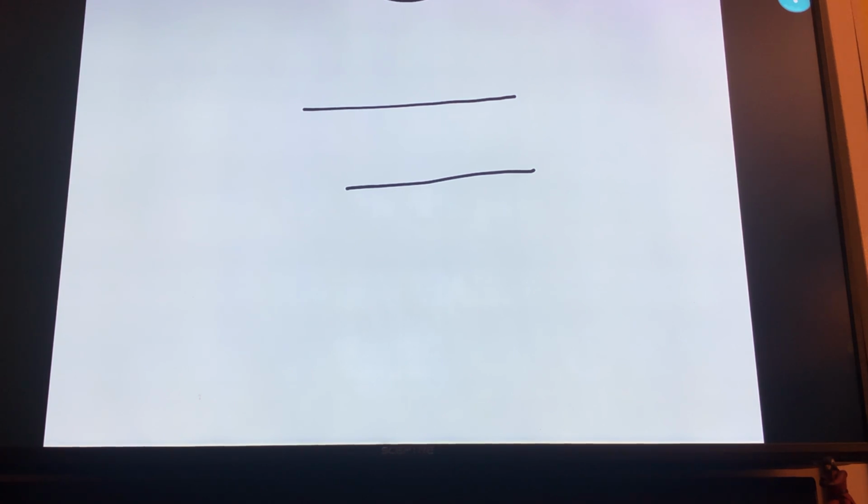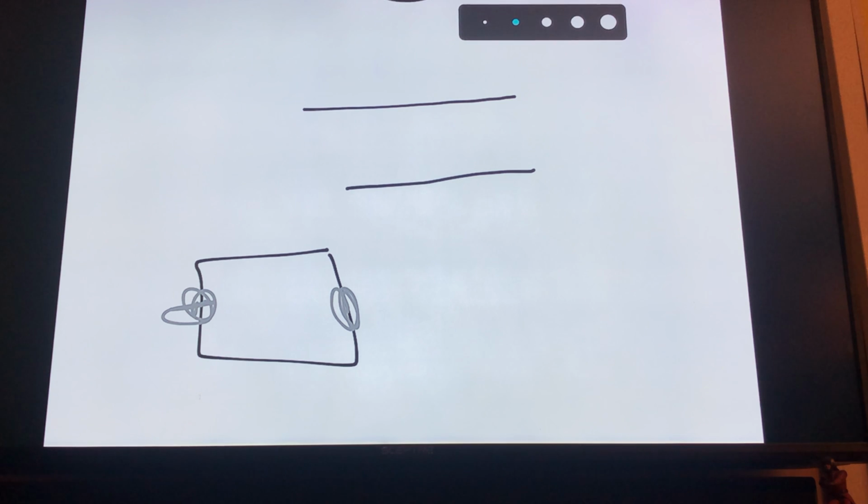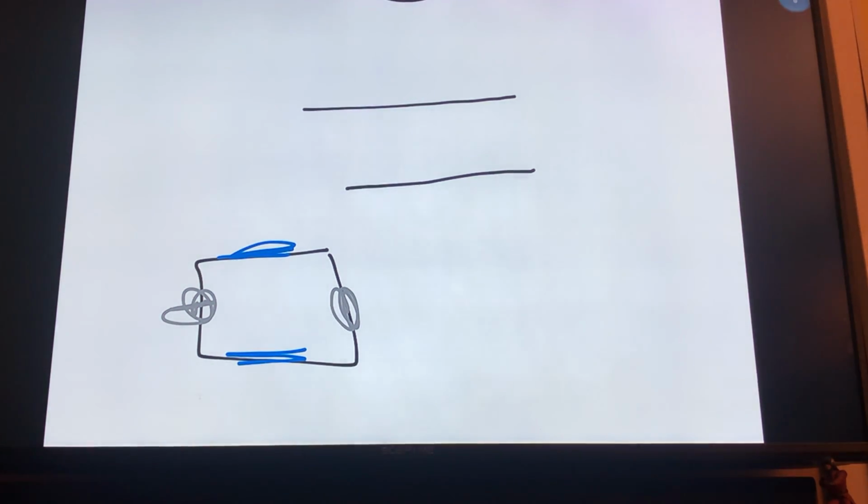So that means would a square be a trapezoid? No, because if you had a square, it has two pairs of parallel lines. These are parallel lines because they're running up and down. And then you have going across. So what that's saying is when these go right here, they never touch.